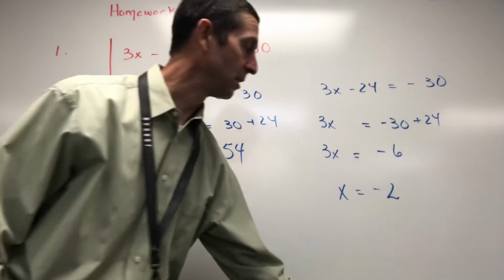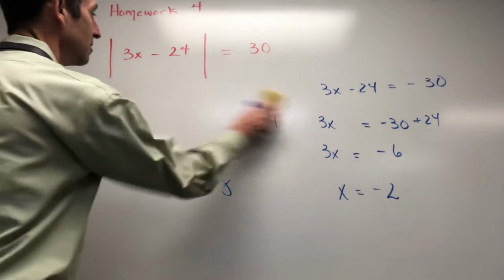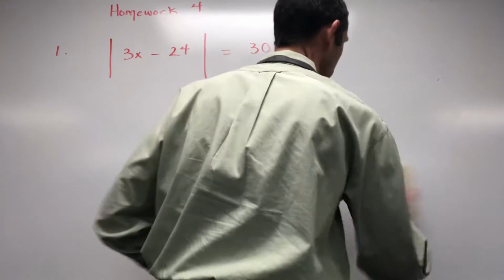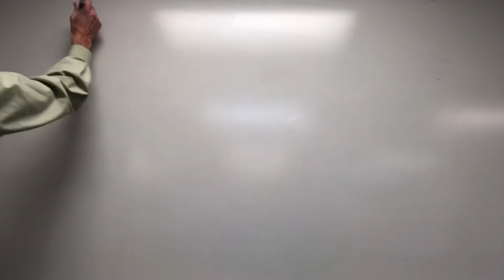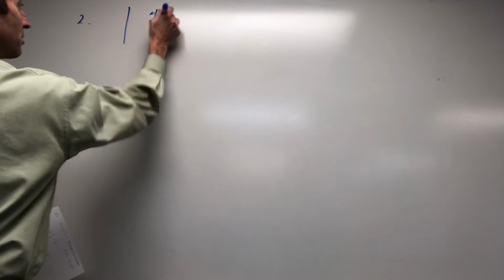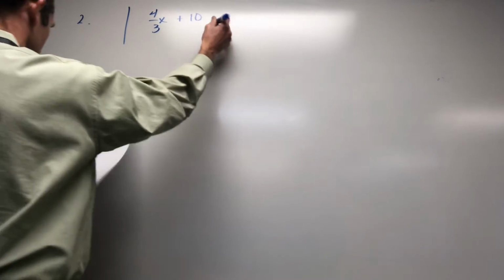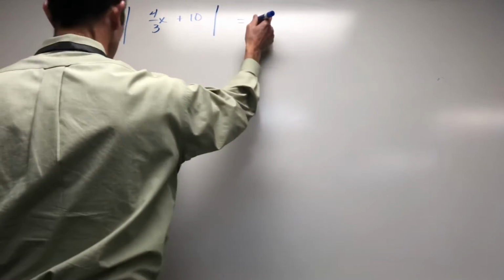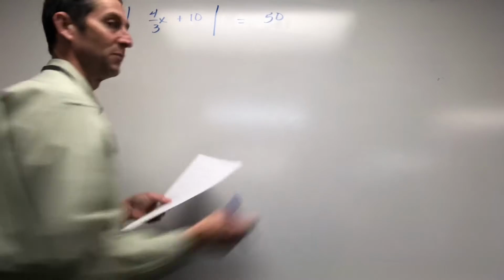All right, let's do another equal one. Let's make it a little rougher. So absolute value bars. Let's deal with the fraction. We've got 4/3 x plus 10 equals 50.